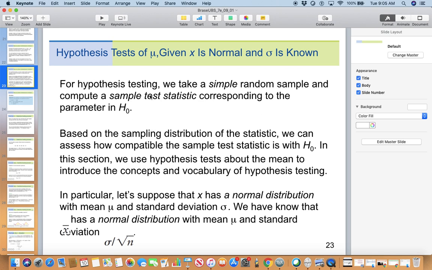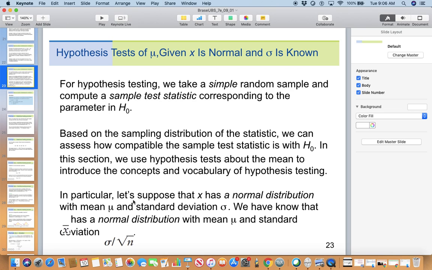For hypothesis testing, we take a simple random sample and compute a sample test statistic corresponding to the parameter in H0. Based on the sampling distribution of the statistic, we can assess how compatible the sample test statistic is with H0. In this section, we use hypothesis tests about the mean to introduce the concepts and vocabulary of hypothesis testing.